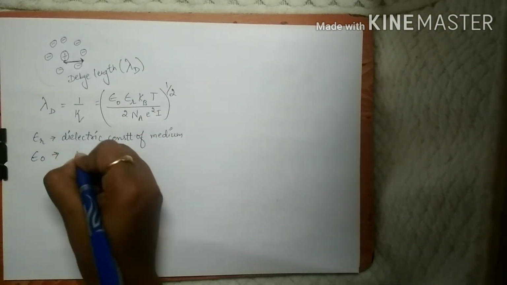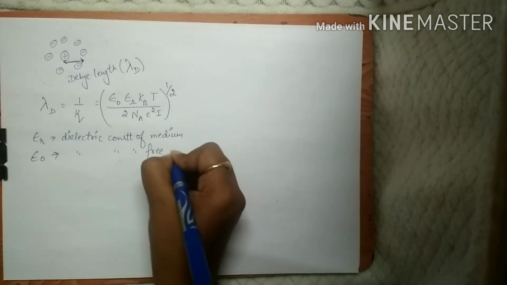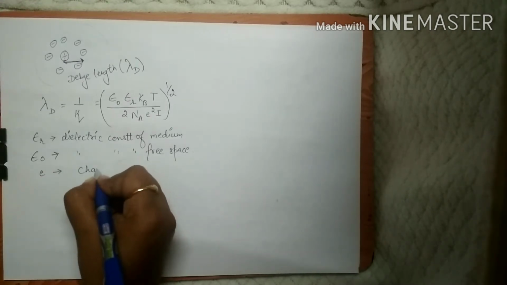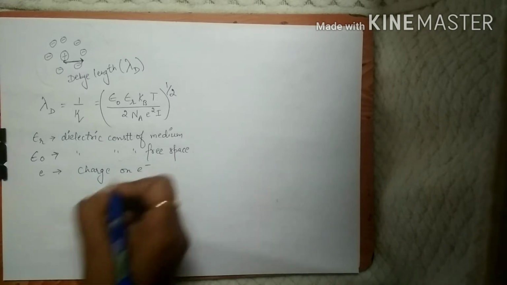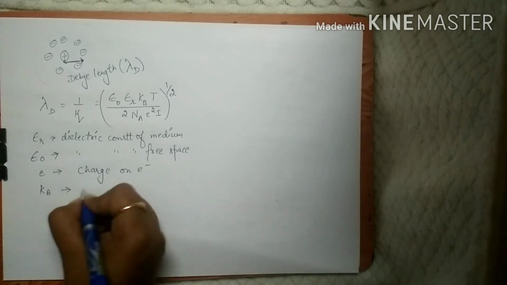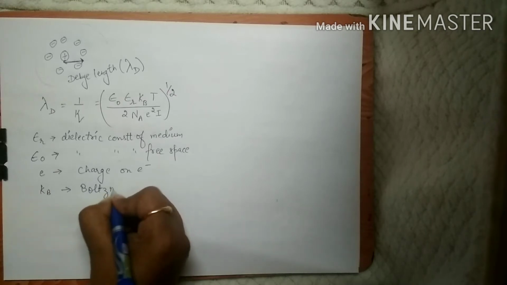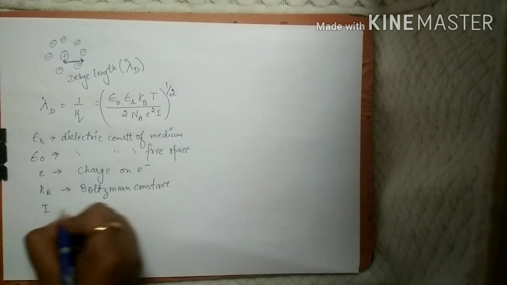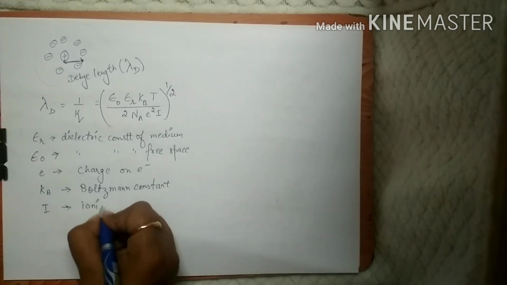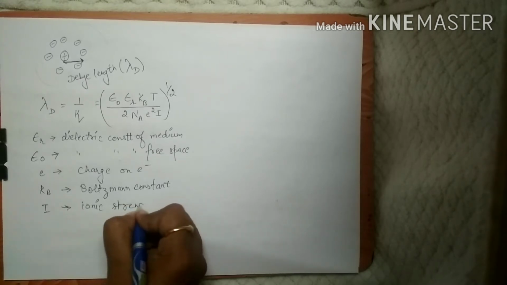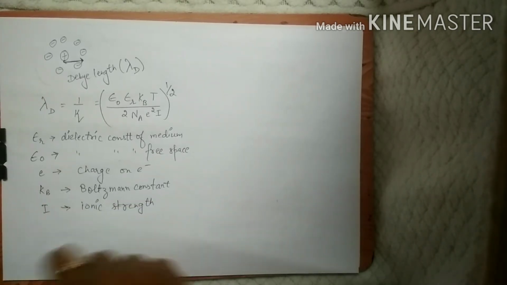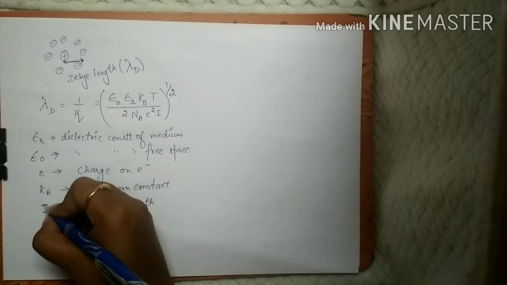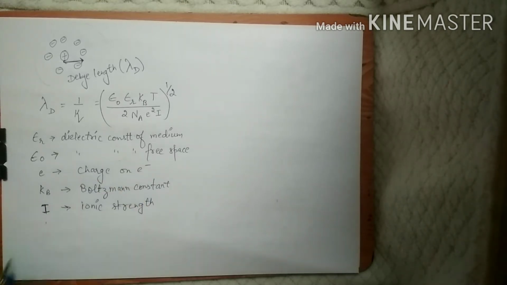Epsilon naught is the dielectric constant of free space, or you can say vacuum. Small e is the charge on the electron. Kb is the Boltzmann constant. And I is your ionic strength. We'll study ionic strength in a few minutes. For now you can just see that this I is your ionic strength.